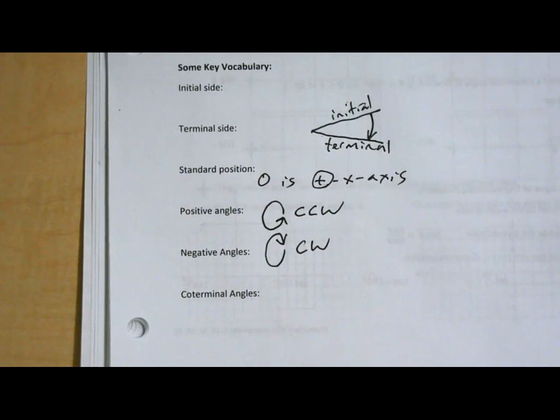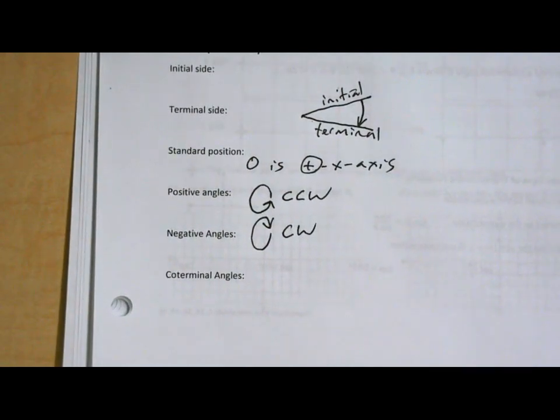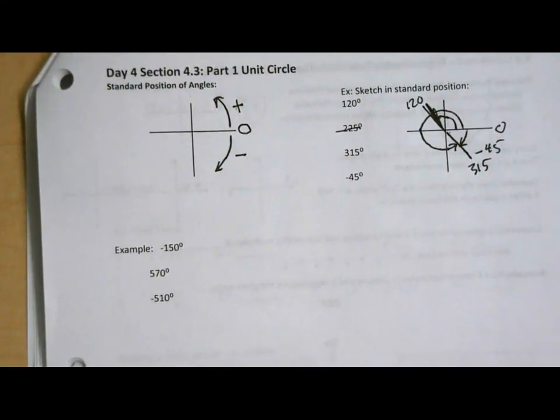All right, and that leaves us at coterminal angles. Anybody know what coterminal angles are? What do you want to guess? Like the 315 and the negative 45? That's a great example. Yes, those are coterminal angles. Coterminal, right? Kind of like co-workers. What's special about co-workers? They work at the same place.